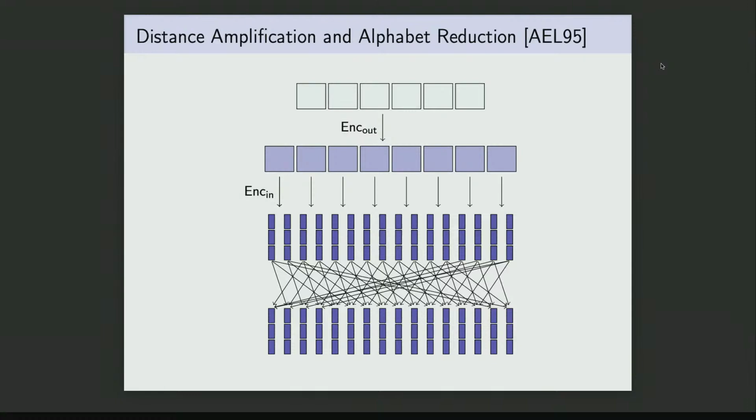Whatever the first incoming arrow is, that's the first symbol. The second incoming arrow is the second symbol, and so on. So the second step is purely a permutation of symbols.